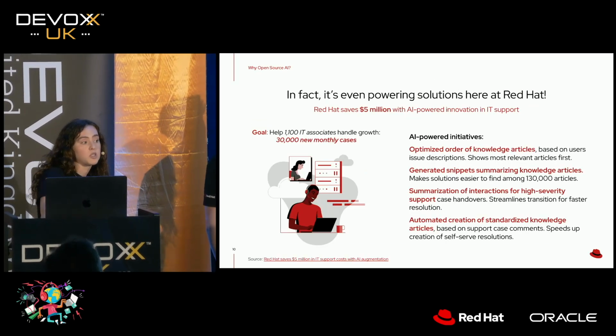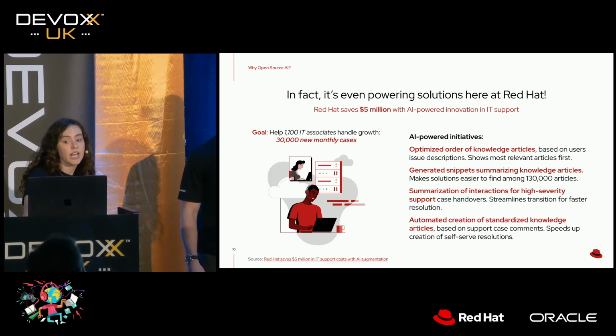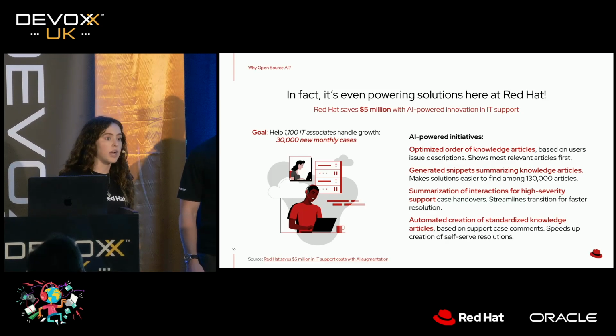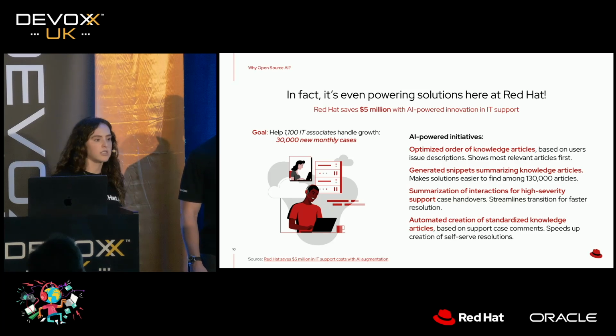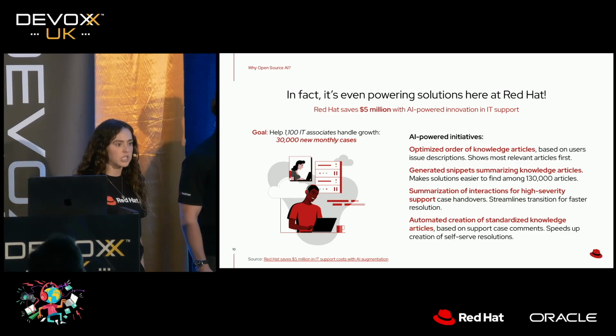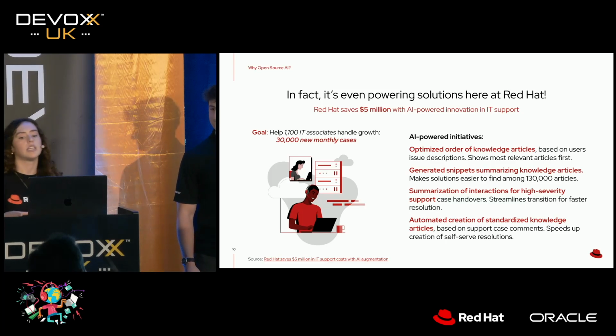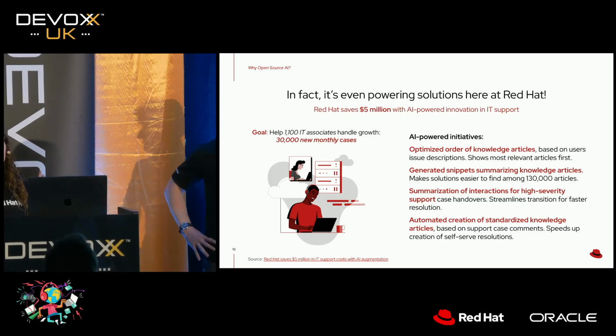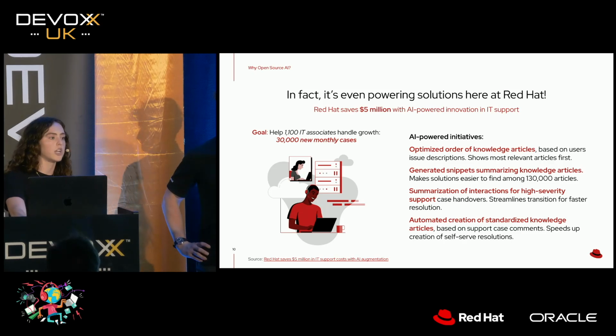So we actually also use open source solutions at Red Hat. I think a lot of enterprises take in their knowledge articles and help people find where company relevant information is, to generate snippets of knowledge articles. LLMs are really great at summarization, and then automated creation of standardized knowledge articles. So they're really good at generating text, as we all know.